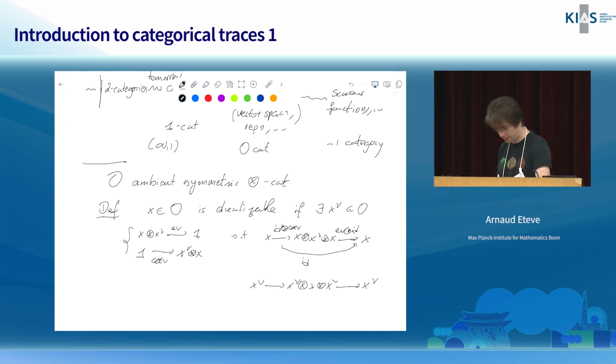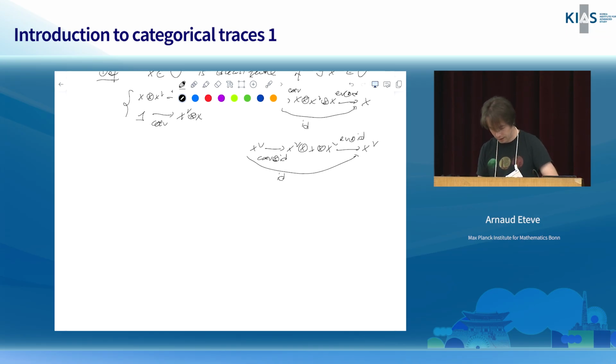Coev tensor identity, and ev tensor identity, has to be the identity as well.